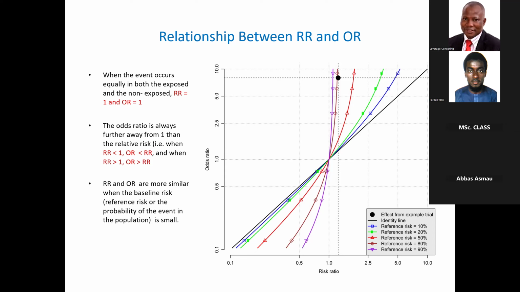When relative risk is greater than 1, the odds ratio is greater than relative risk. Just like the risk has a narrow range, the odds ratio has a wide range. Relative risk, the margin is short, while odds ratio, the margin is wider.